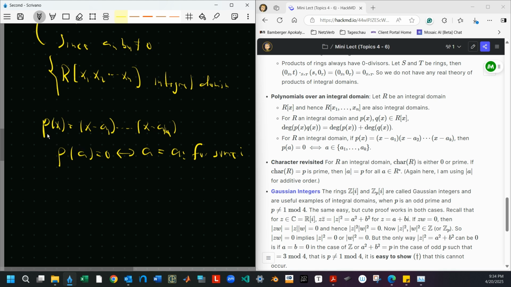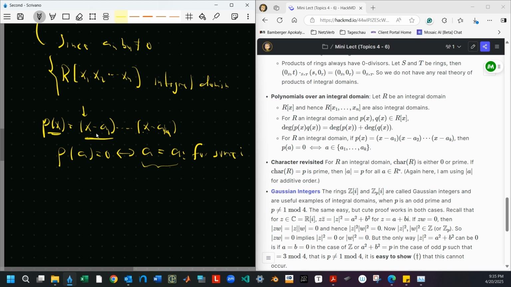Why is this true? Well, if we plug in an a here, then we get (a minus a_1) times etc. times (a minus a_k). The only way that can be 0 is if one of those terms is 0, but that means exactly that this has to happen. So there's only one way to take a polynomial and factor it into linear factors where the leading term of each factor is monic, the coefficient there is 1.